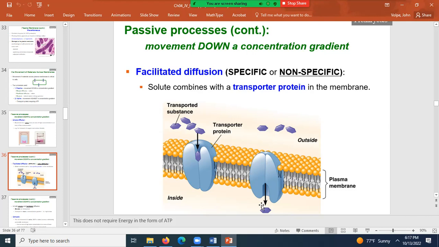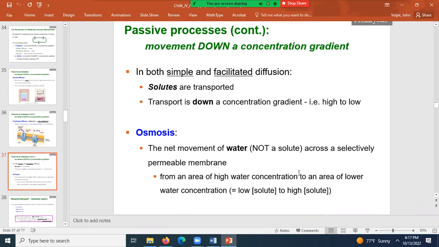And so if you eat glucose, all of that glucose will be moved from the gut into the cells of the gut. All right.